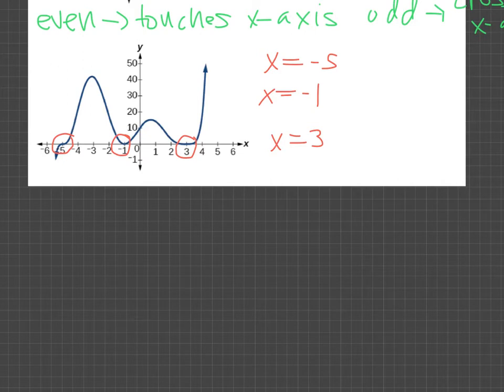So at x equal -5, it crosses. So that implies odd multiplicity. The smallest possible odd multiplicity is 1. For x equal to -1, it touches. There's a turning point there. So that's even. The smallest possible even multiplicity is 2. And at 3, we also have even multiplicity because it touches, so we get multiplicity of 2.